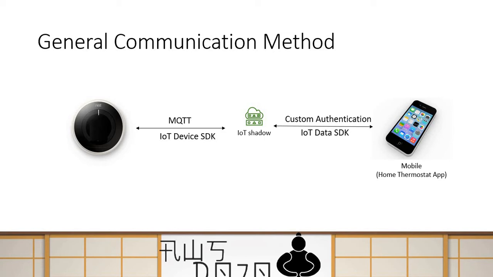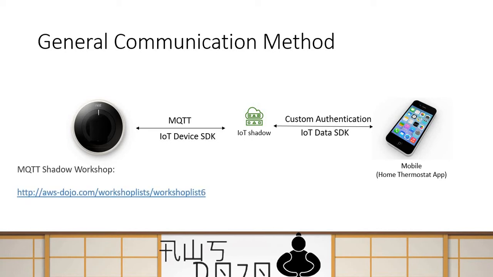If you want your app to authenticate, you can still use an X509 certificate, but in that case you have to use the MQTT protocol. But if you're making an API call, then you can use any custom authentication, such as authentication using the Amazon Cognito service, where you authenticate and then impersonate a role, and that role will have permission to talk to the IoT device service. So you can use a method like that.